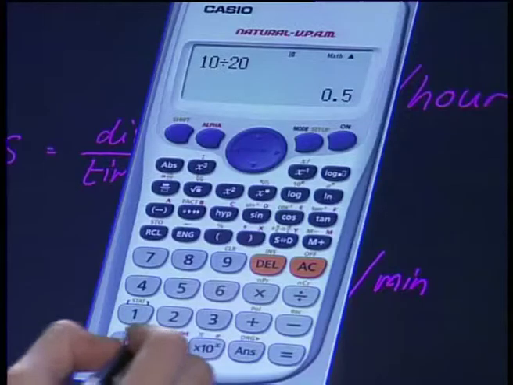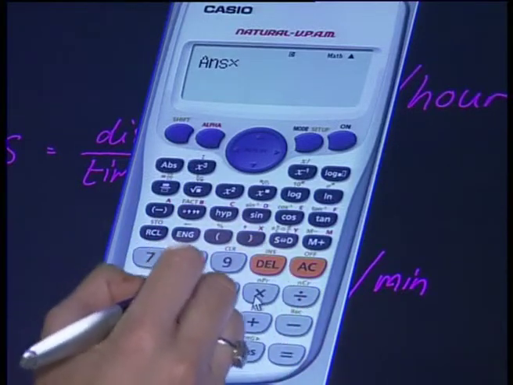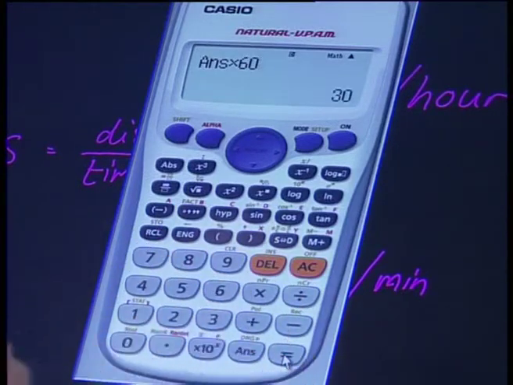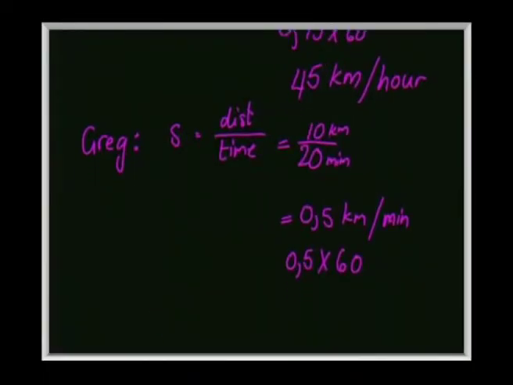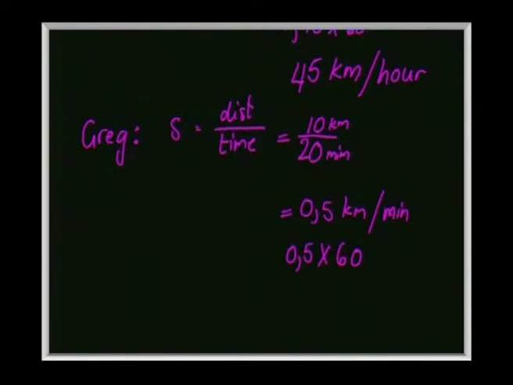Pop it into our calculator and let's see what we get. And our answer is 30. And that will be 30 kilometers per hour. Are we all clear with that? Let's move on to the next question.